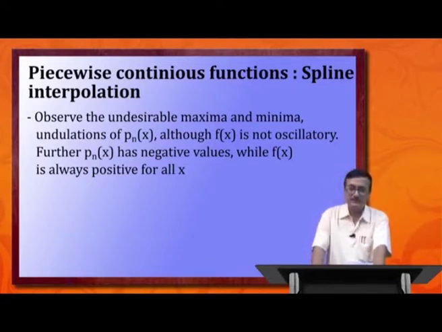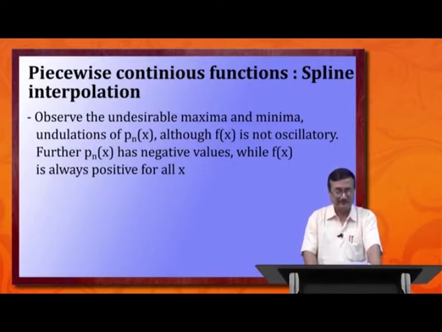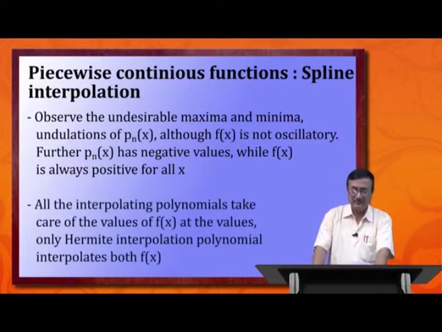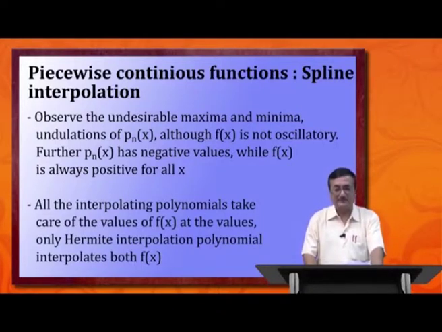So, although the curve f(x) is not oscillatory, the corresponding interpolating curve is oscillatory. Not only that, it also has some negative values, but f(x) is always positive, as is clear from the above figure. All the interpolating polynomials take care of the values of f(x) at the nodes, and the Hermite polynomial takes care of f(x) and the slope of the function at the nodal points.